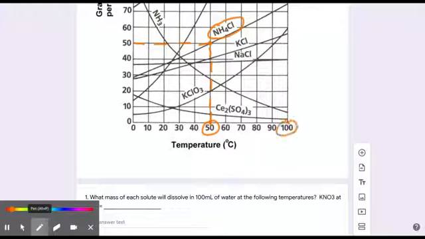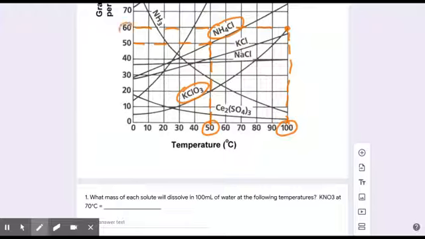Potassium chlorate is right here. It's this curved line. So 100 degrees, go all the way up. The intersection of the line of potassium chlorate and the y-axis is 60. So the answer is 60.